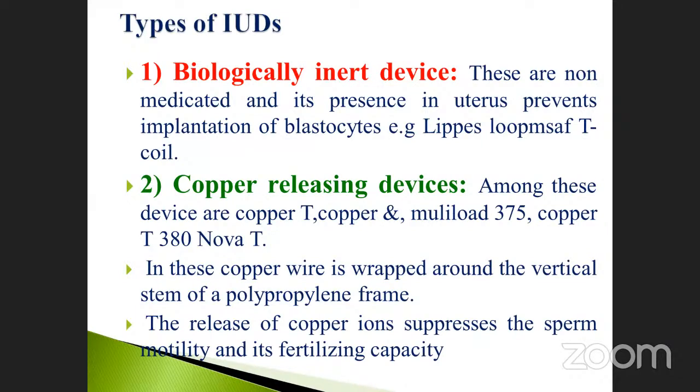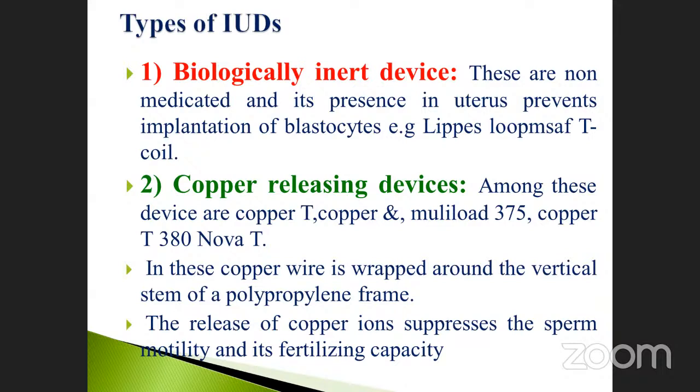What is the intrauterine device? That is called IUD. The intrauterine device is only fixed in the female. The first one is the biological inert device. These are non-medicated and present in the uterus to prevent the implantation of the blastocyst. Examples: Lippes loop, Mask, T, Coil.